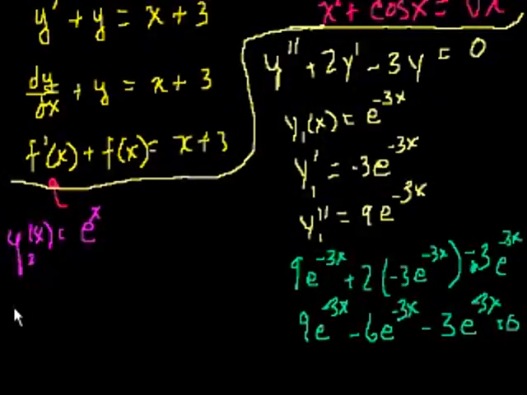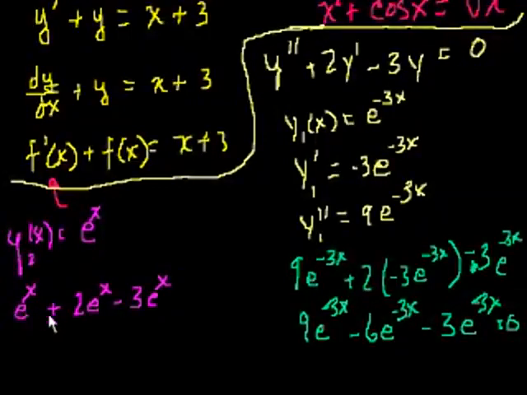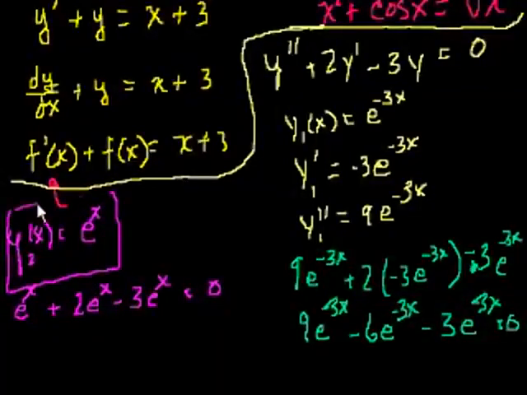So the second derivative of y2 is e to the x, plus 2 times the first derivative, which is still e to the x, so 2e to the x, minus 3 times the function, minus 3e to the x. Well, 1 plus 2 minus 3 equals 0 again. So this was also a solution to this differential equation.